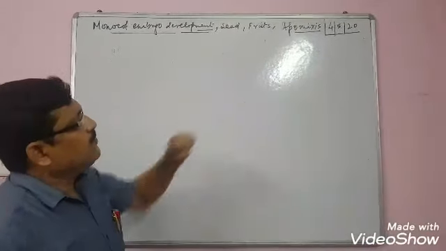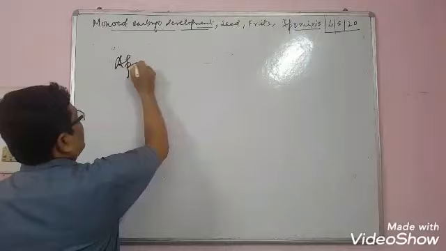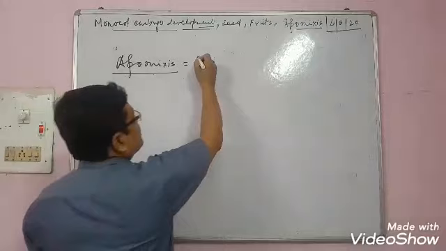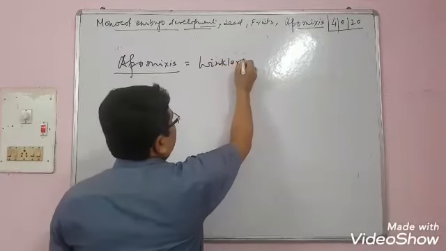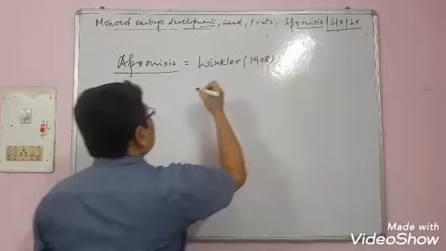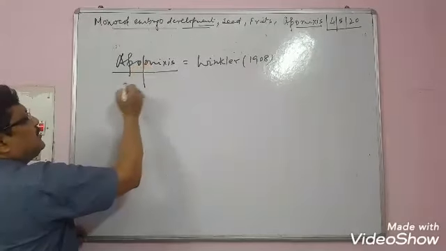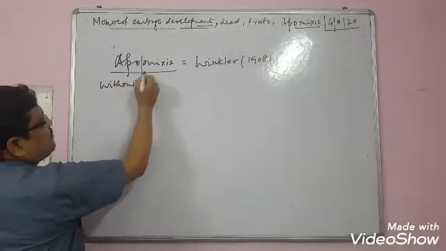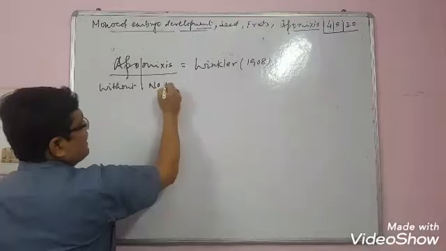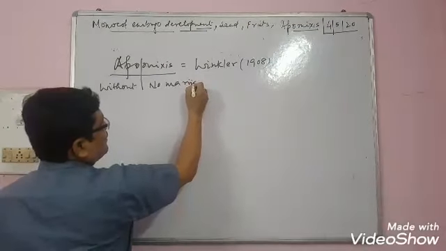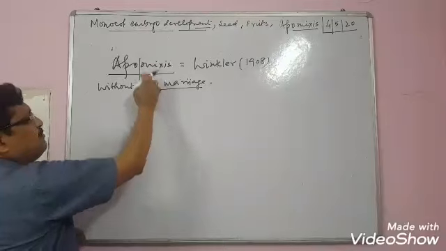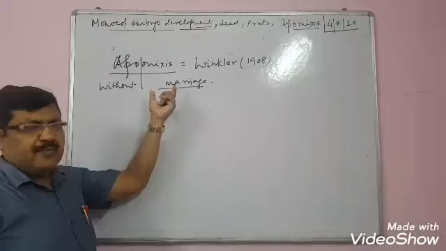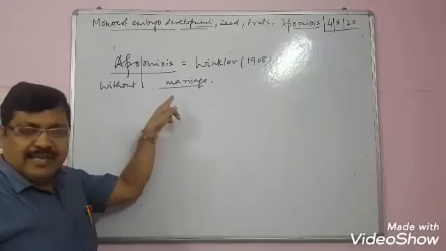Friends, now I will talk about apomixis. This word was coined by Winkler in 1908, and this word has two parts. Apo means without, mixis means marriage. So it is the development of seeds without fertilization.